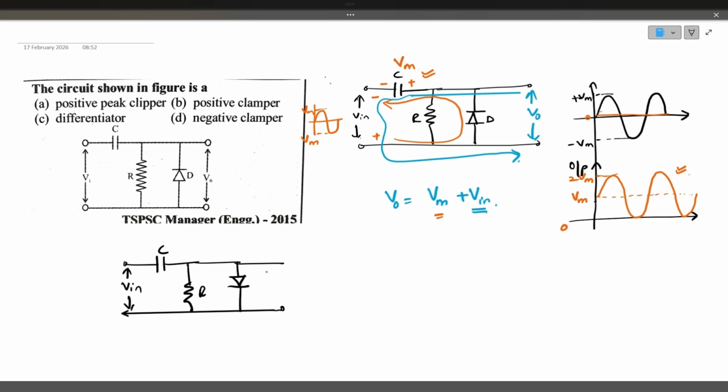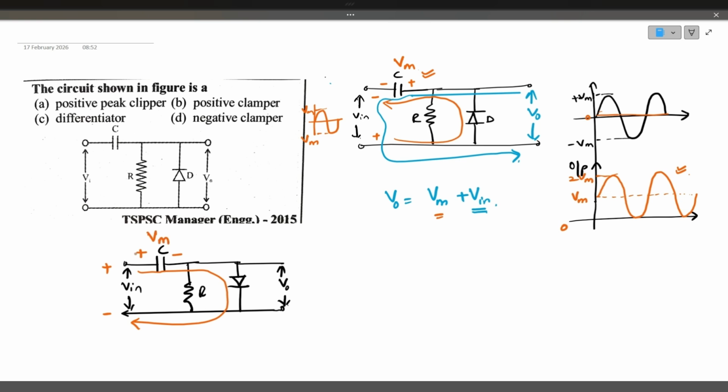This is V input and this is V output. Here, during the positive half cycle, the diode conducts through the capacitor, so the capacitor will be charged to minus Vm, looking from the output side.